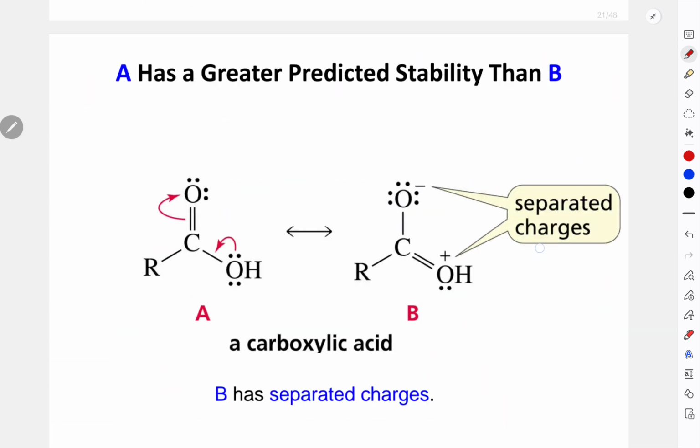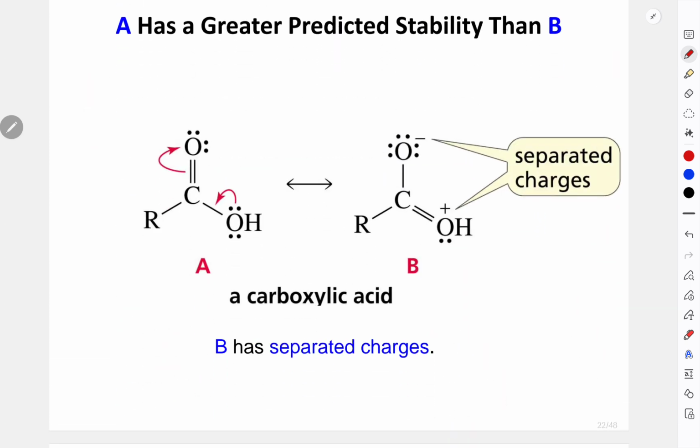All right, so I guess now you can draw the resonance contributor, or resonance structure. But perhaps you can think about which contributor has a higher priority or higher contribution to the resonance hybrid. Let's say you have two possible resonance contributors, A and B in this case, for a given carboxylic acid.